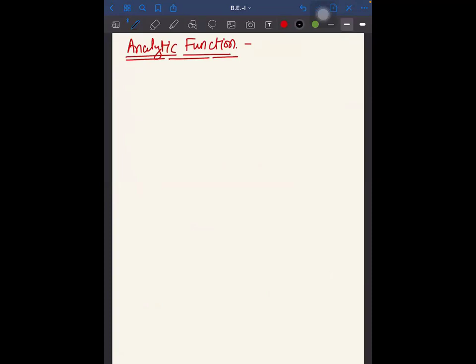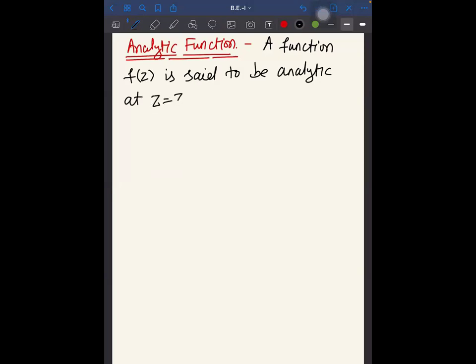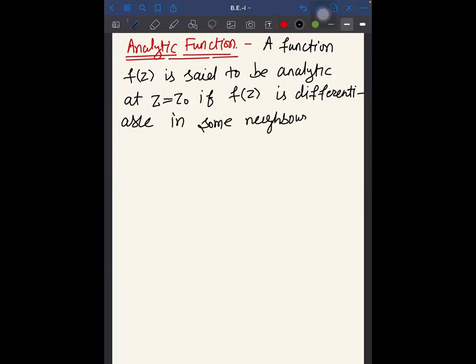So we'll say that a function f(z) is said to be analytic at z equal to z naught if f(z) is differentiable in some neighborhood of z naught.